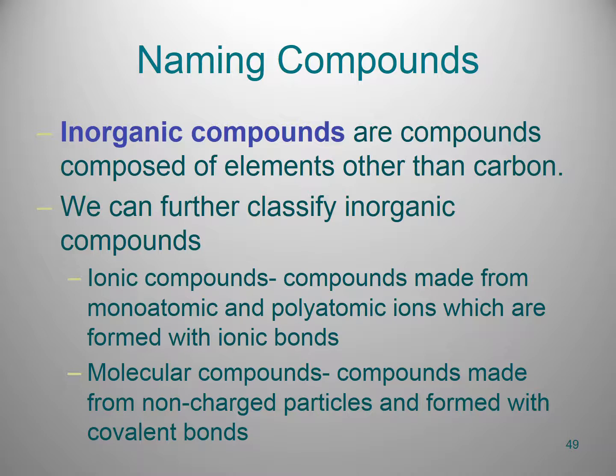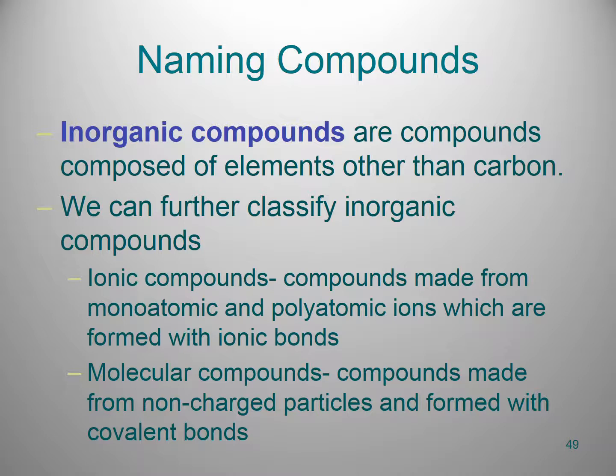Anyway, we can classify inorganic compounds into two. Ionic compounds are compounds made up of ions, monoatomic ions and polyatomic ions. And so ionic compounds are formed by ionic bonds, where ions are attracted to each other. We looked at a few examples of these already, but we'll look at some more.